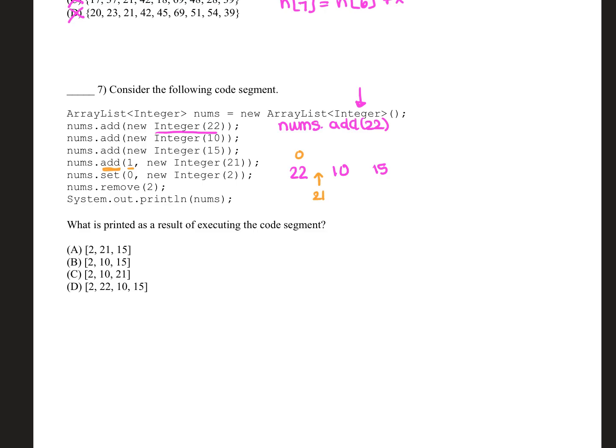So I'm going to go ahead and rewrite the array. We're going to set at position 0 to 2. We're going to remove whatever's at position 2. So my final array is 2, 21, 15.